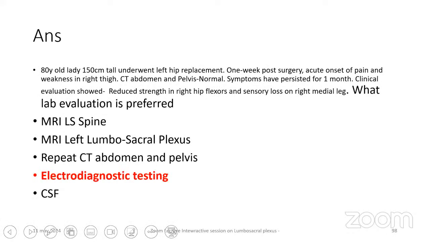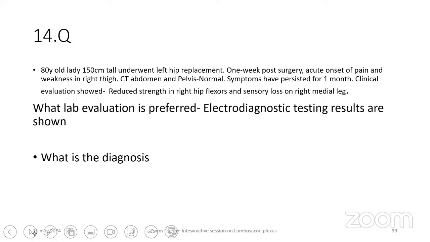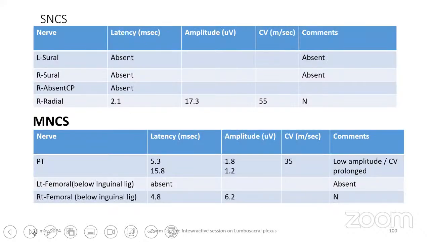Okay, so electrodiagnostic testing. An 80-year-old lady, 157 tall, underwent hip replacement. The electrodiagnostic testing results are shown. What do you think? The right sural is absent. Radial is normal.